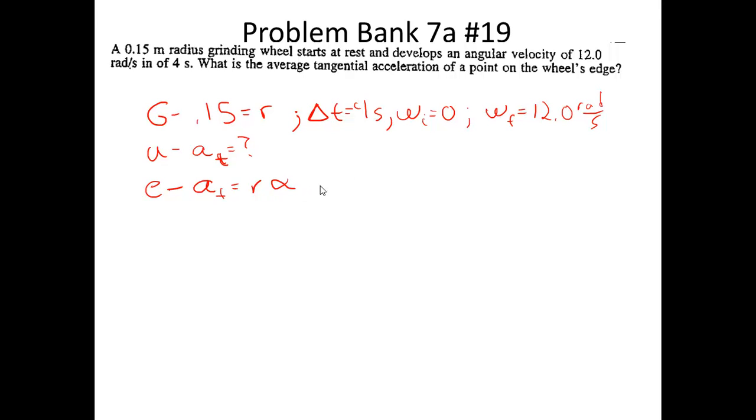In order to find alpha, we need to do our change in velocity divided by our time, change in velocity over time, or this is actually omega.